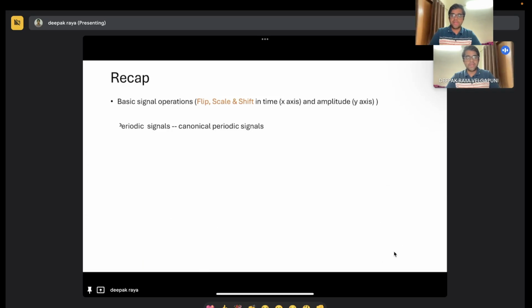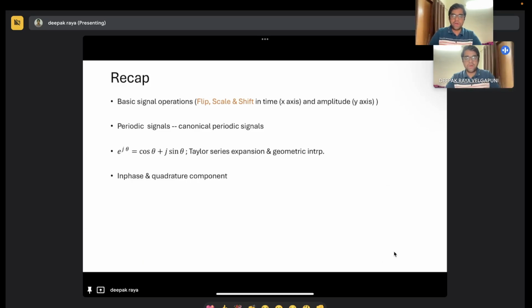Then we have seen what are periodic signals, how they are represented using the time period parameter capital T. We also discussed two standard periodic signals, also called canonical periodic signals, which are the sinusoid and the complex exponential. We have seen a proof of why e power j theta, the complex exponential, is equal to cos theta plus j sin theta. It comes through Taylor series expansion, and we have also seen its geometric interpretation in a 2D coordinate system.